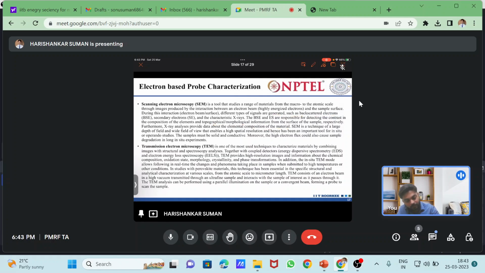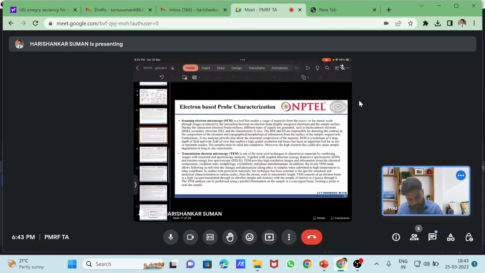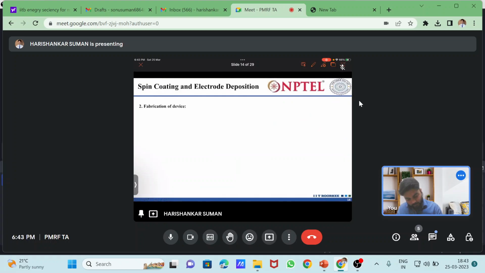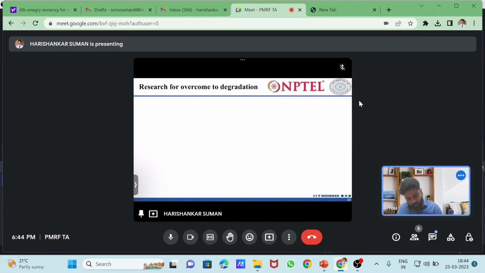Similarly, TEM, transmission electron microscopy. You can see the picture here, the same TEM image.